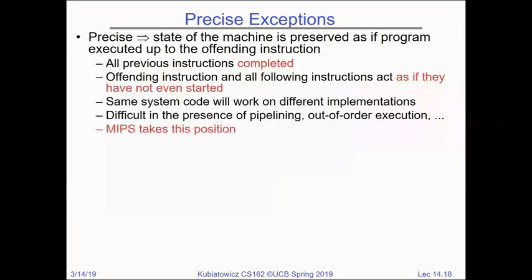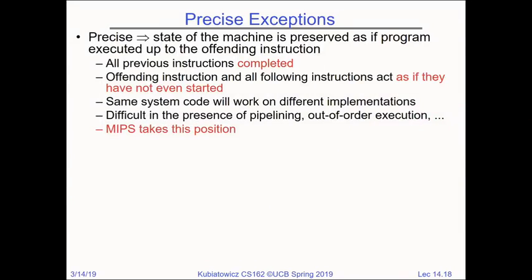Okay? There is, by the way, a famous, depends on what circles you run, processor. The 88,000 was a processor that was used in a bunch of embedded applications like laser printers. And it did not have precise exceptions. In fact, it had a very complicated pipeline.